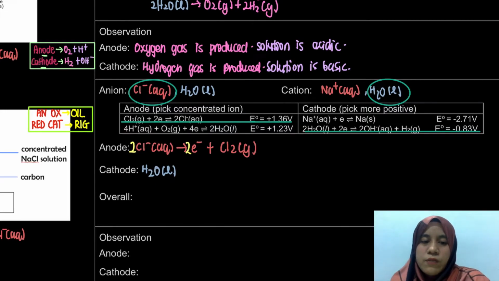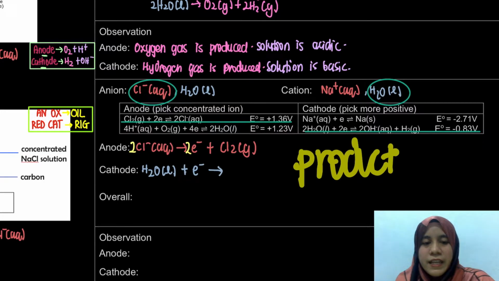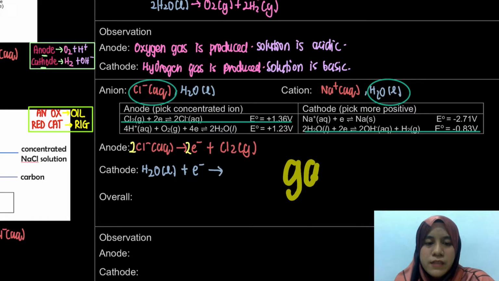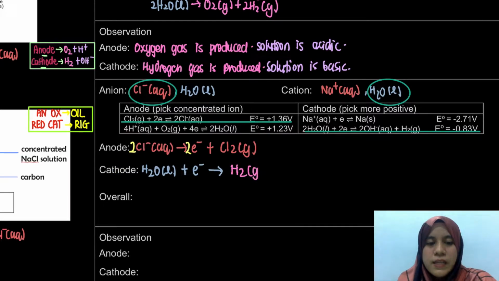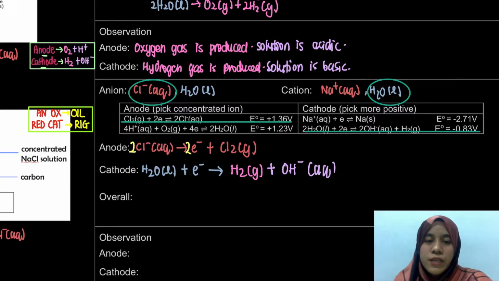Next is the H2O reduction, gain electron, so plus electron. But then again, what about the product? For the cathode, remember the gas, check the middle of the letters. The middle is H, so H2 gas, and for the cathode we have OH, so plus OH minus. So that's the equation.